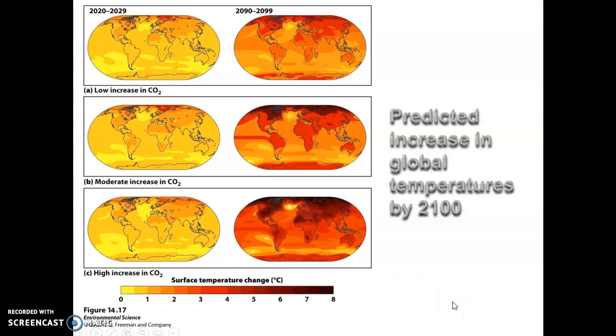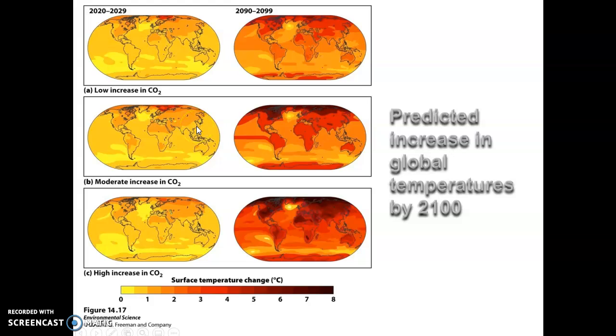Now, one of the complexities of looking at climate change and warming is that we rely on mathematical models, computer models, to predict from what is happening now, the global processes that we can observe, and predict what will happen in the future. And as a result, there are different estimations or predictions made by various groups of scientists. So some show a low increase in CO2, and then the world would get a bit warmer by, let's say, 2 degrees.